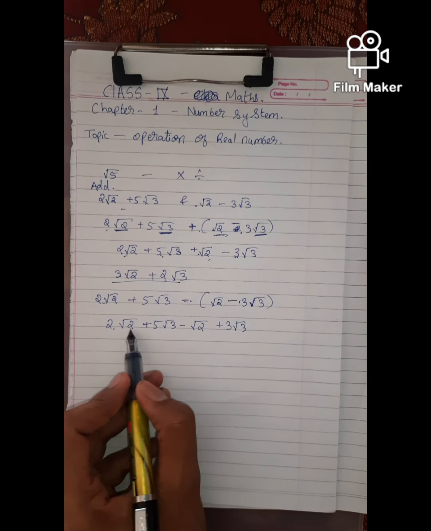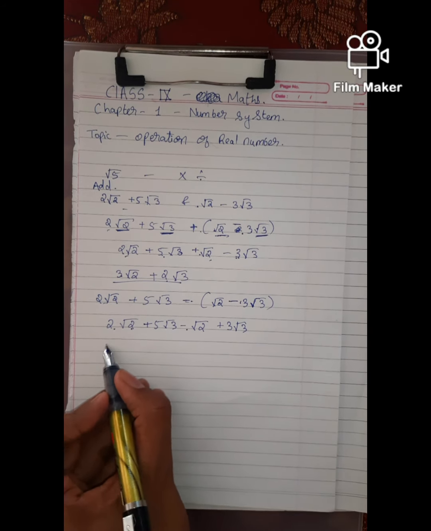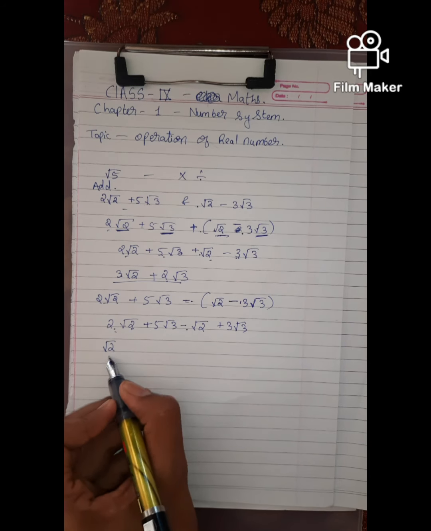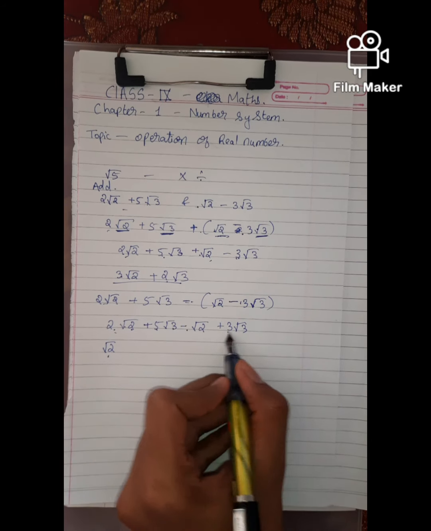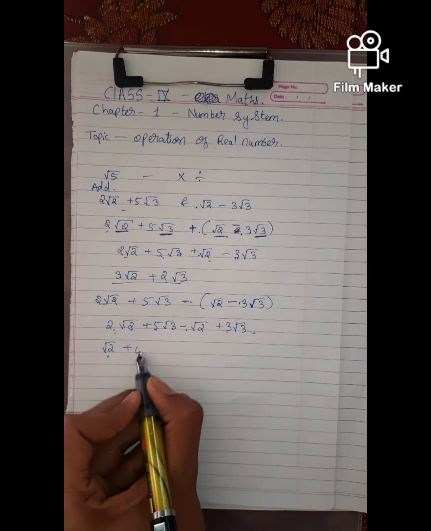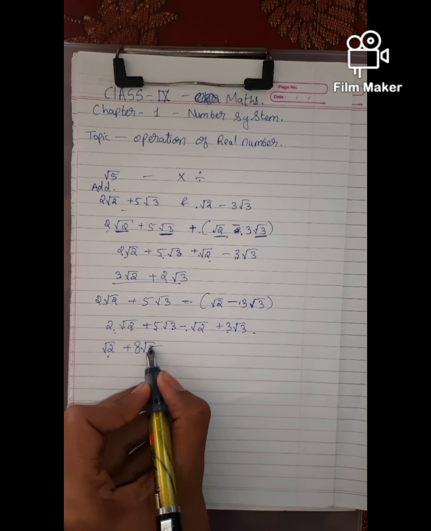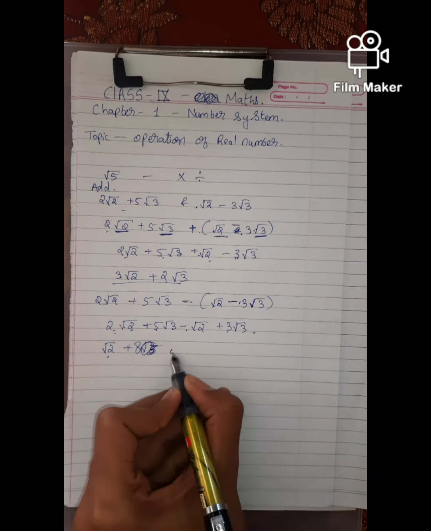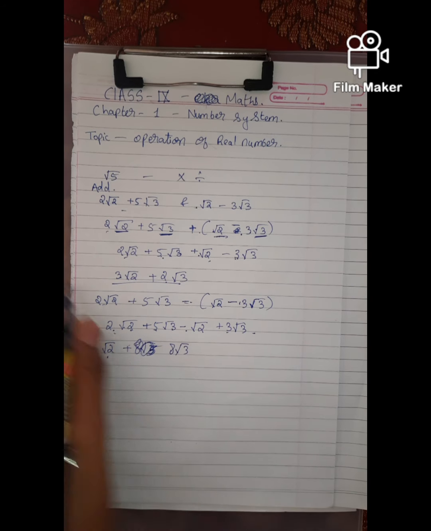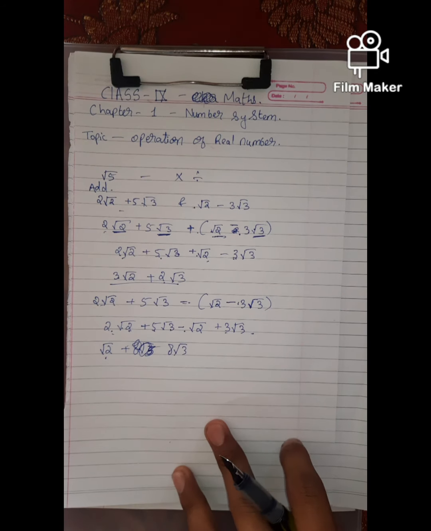Now when we subtract, 2 root 2 minus root 2 will be root 2, as 2 minus 1 is 1. And 5 root 3 plus 3 root 3 will be 8 root 3, as 5 plus 3 is 8. So this is how we add and we subtract the real numbers.